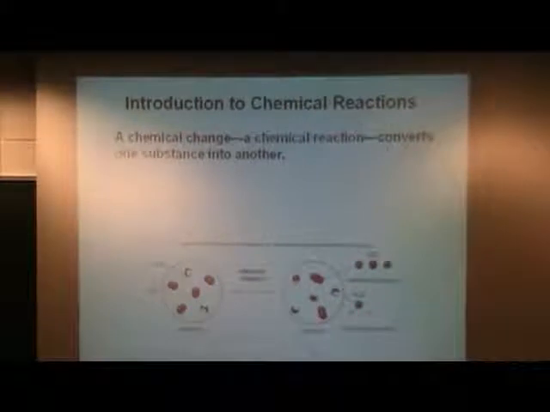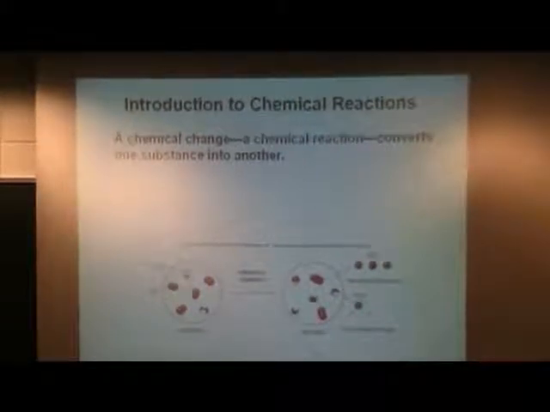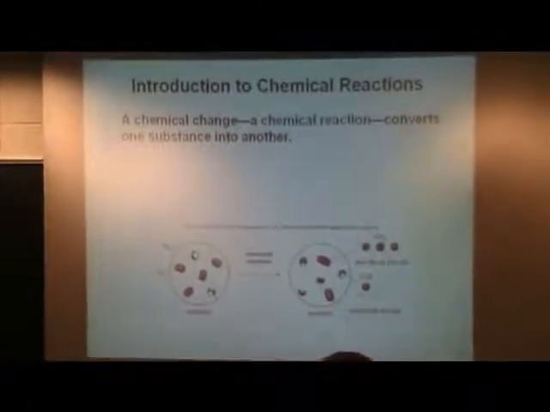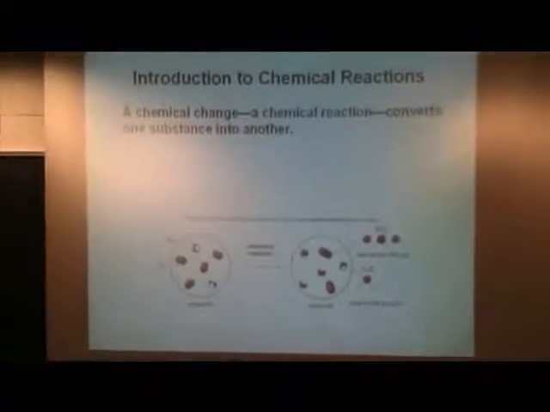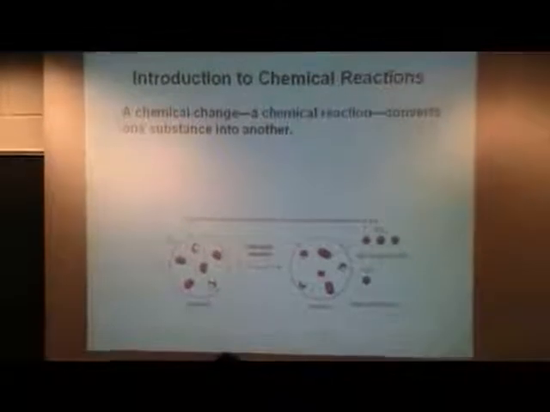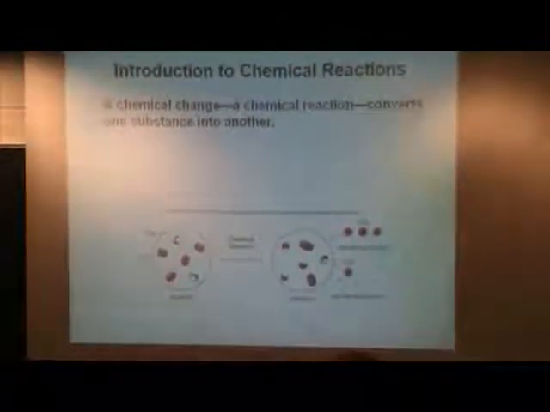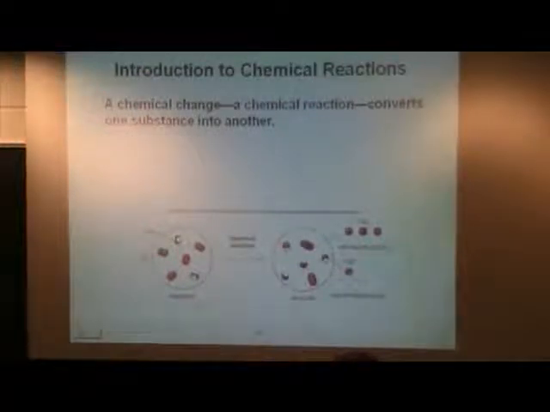So chemical reactions are always related with chemical change. In a chemical reaction, what are important things that we need to know is we have something called reactants and products.